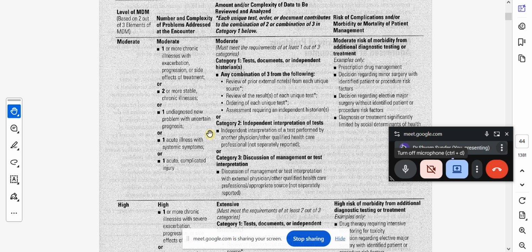Sir, in this case, we chose the code on the basis of our MDM level, whether the patient is new or old, and the place of service. But then will we go to the index? No, in this case, there is no index. That's what we discussed in the beginning. In CPT, it's not mandated to go to the index.